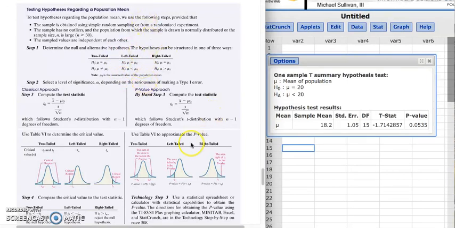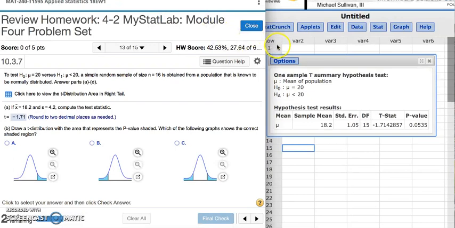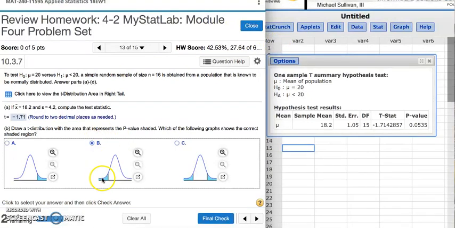In a left-tailed test, you can see here from the diagrams, the p-value is that area shaded to the left of some test statistic. So that's saying, what's the probability that that t naught is less than this value right here? So here, let's look at that. Obviously, that then is there. So when we have a left-tailed test, we're looking at that area shaded to the left.